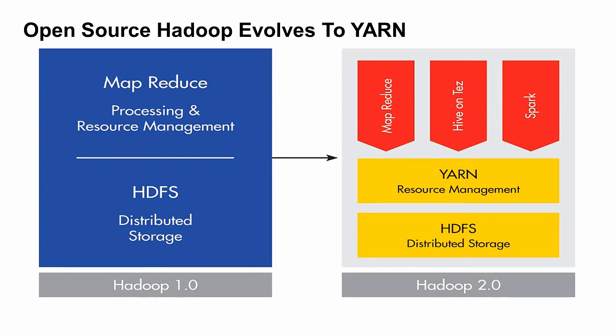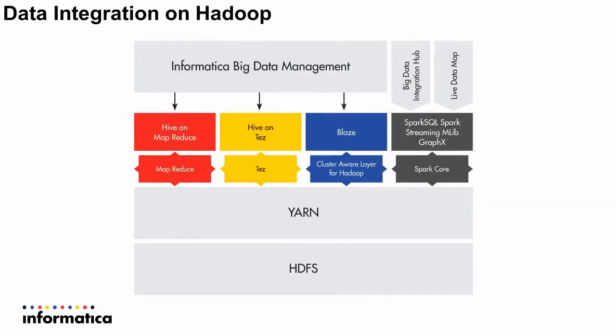So with 9.6.1, we were able to support Yarn for resource management, and we were also able to support Hive on Tez. And what that allowed us to do was create our own execution engine, right? So you have Informatica Big Data Management, which was released in November last year.